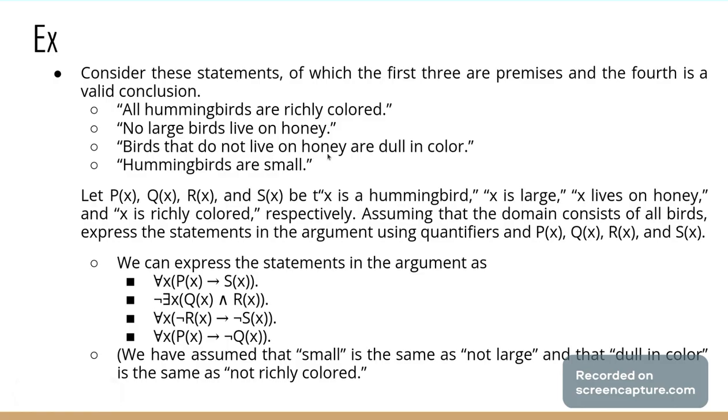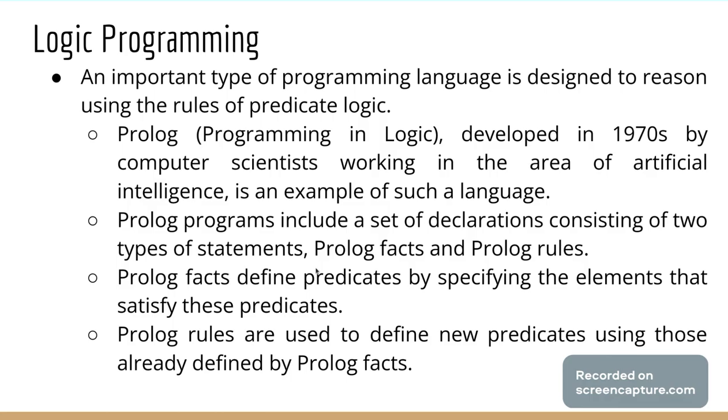Similarly, birds that do not live on honey are dull in color will be for all x, not Rx implies not Sx, meaning birds do not live on honey, and they are not richly colored. Hummingbirds are small: for all x, Px implies not Qx. So this is how we write predicate logic of the natural language statements.